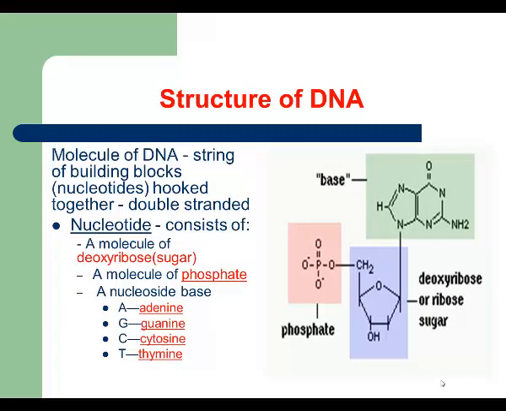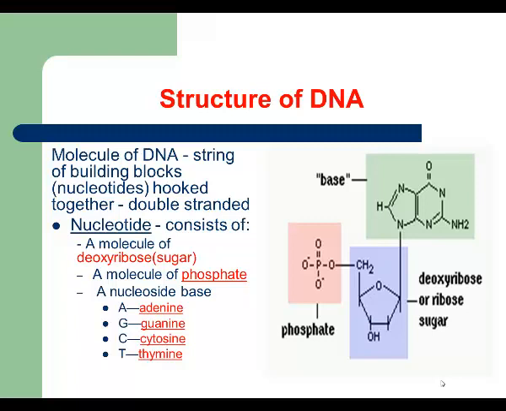We start with the structure of DNA, and today we are going to talk about the structure of double-stranded DNA. Any double-stranded DNA can be described by three main characteristics.